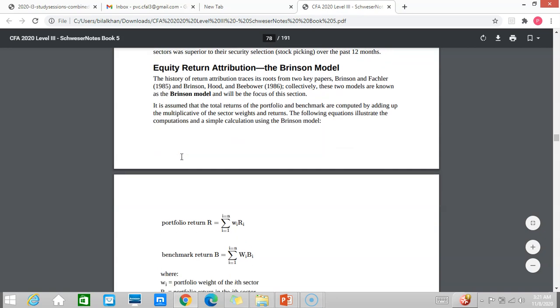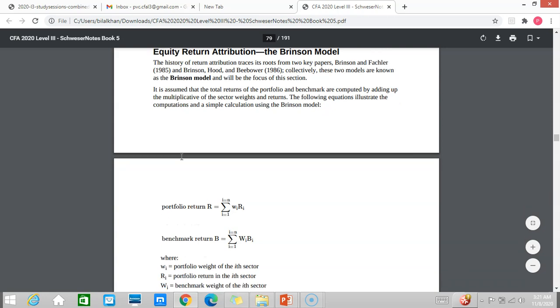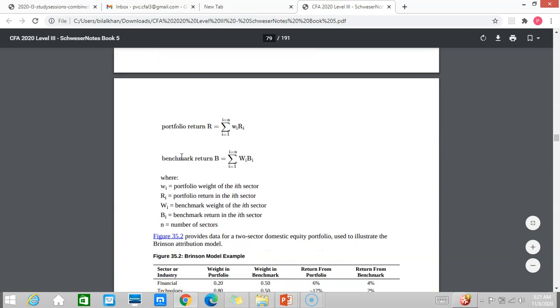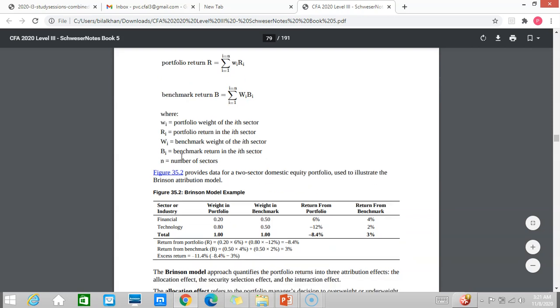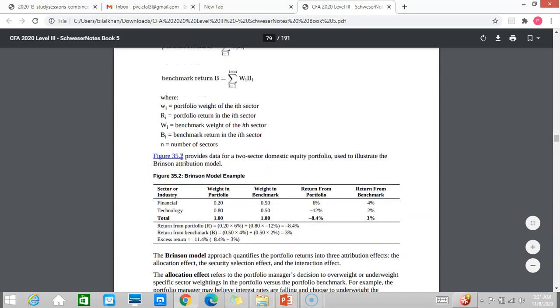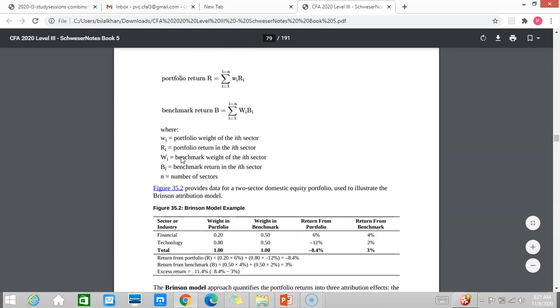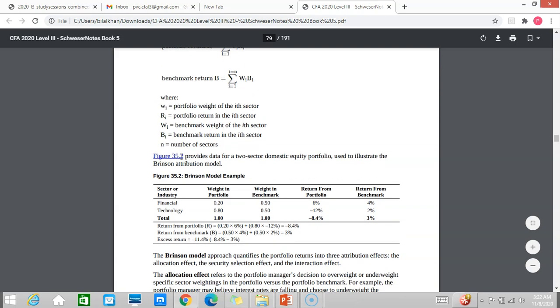Now moving on, how do you attribute it? So here you have the Brinson model being explained to attribute equity returns. You know how to calculate the return for the portfolio, the weighted average return, and how to calculate the return for the benchmark, the weighted average return of the benchmark.